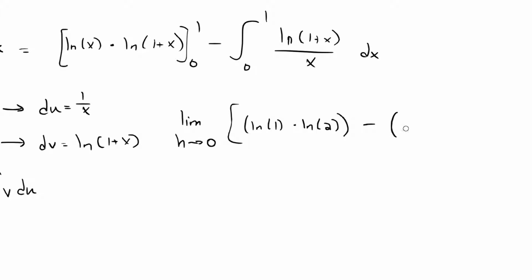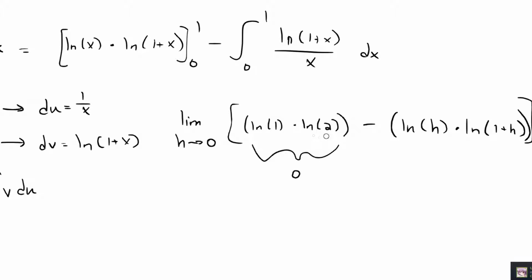And then you'll subtract, and this is where the 0 comes in, h times ln 1 plus h. Obviously this goes to 0, right? Because ln 1 is 0. But the challenge here is to prove that this is equal to 0, right? But I'll leave that to you. It takes a couple iterations of L'Hopital's rule, and I'd rather not do it in this video.